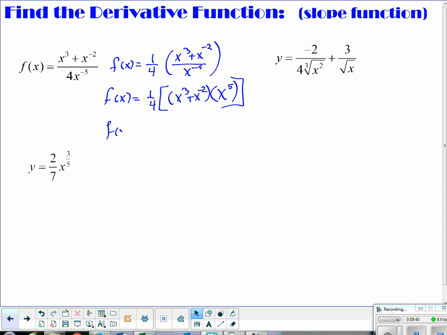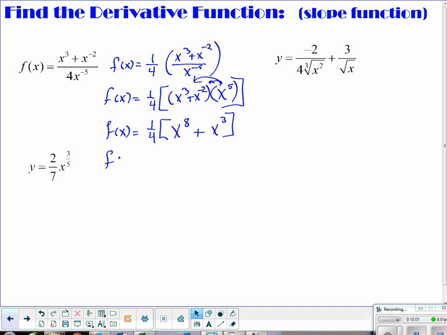Next step, I'm going to distribute. I still have my 1/4 out front, so let's distribute to each of these terms in the front. X to the 5th times x to the 3rd makes x to the 8th. We'd add exponents. X to the 5th times x to the negative 2 makes x to the positive 3, adding exponents.